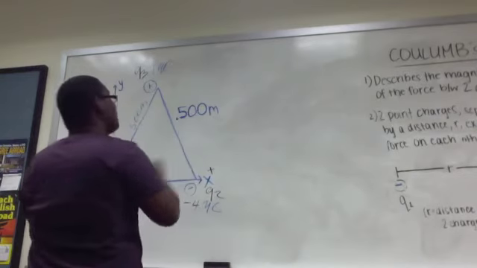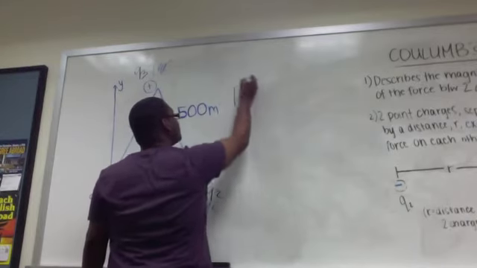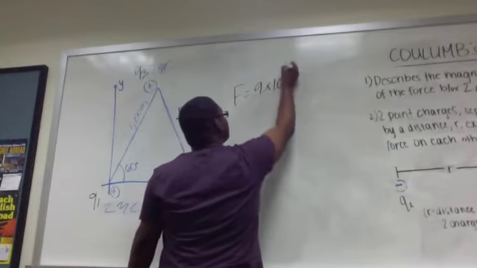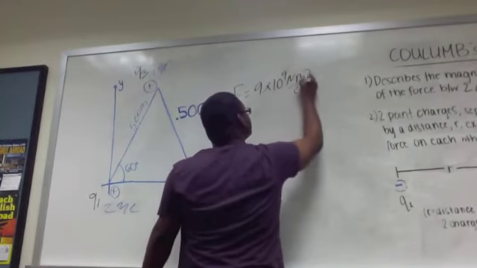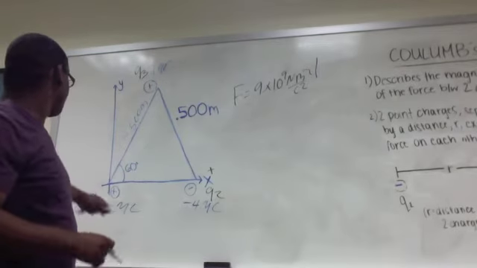We apply the equation we talked about earlier. Force is equal to 9 times 10 to the 9th newton meters squared over coulomb squared times your charges, and you have to remember to convert your charges.